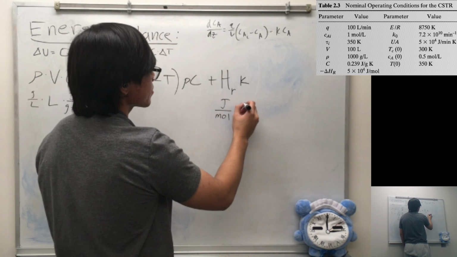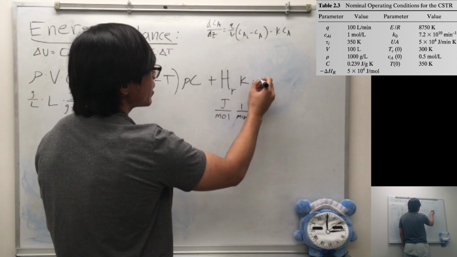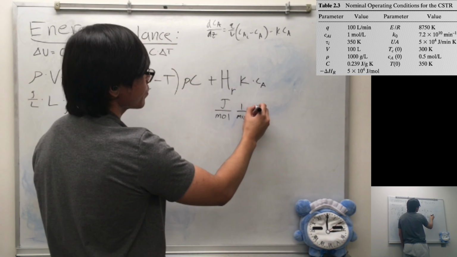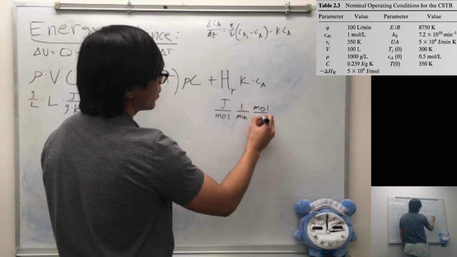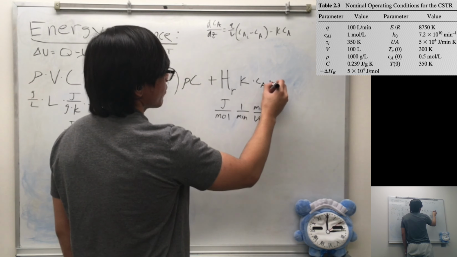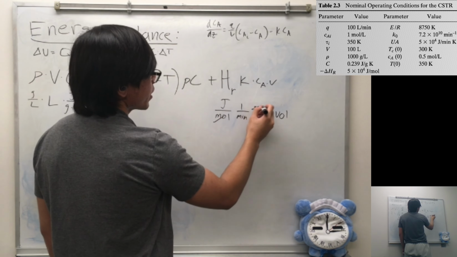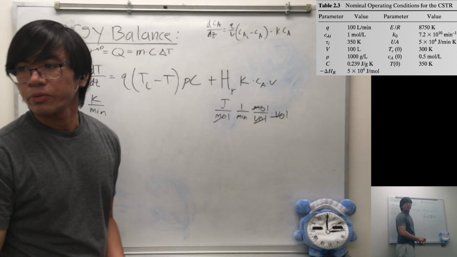So k is 1 over time, which we said is minutes. Ca is our concentration of A, so moles per volume. And all that's left is to get rid of our volume, so we multiply by volume. And that will give us joules per minute, which is what we want.